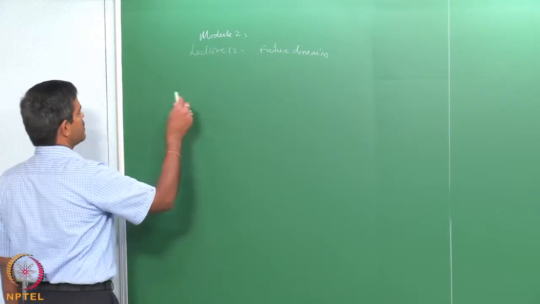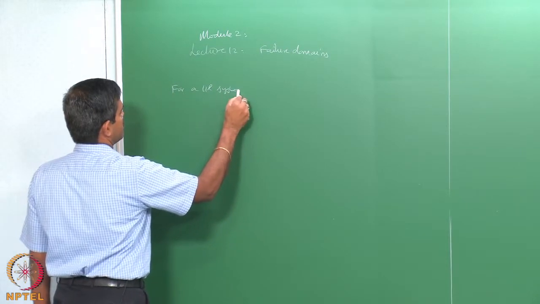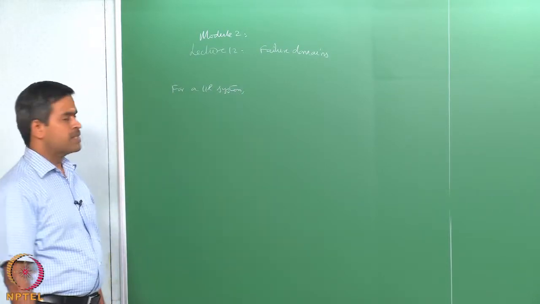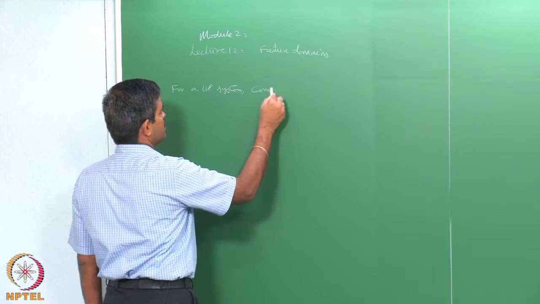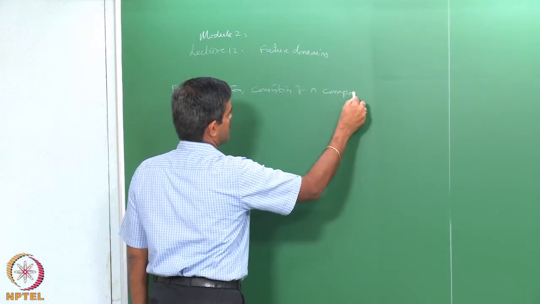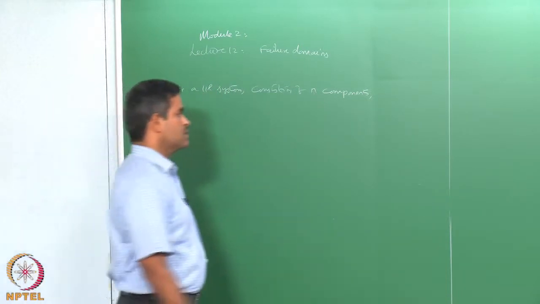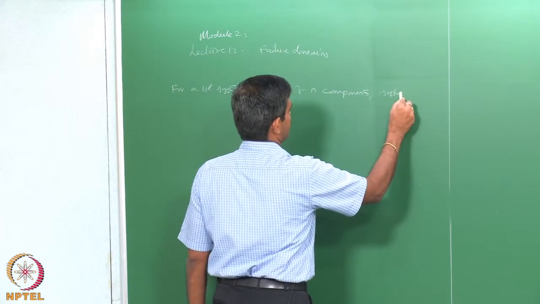So, let us revise for a parallel system which consists of n components. The system fails if all its components fail.